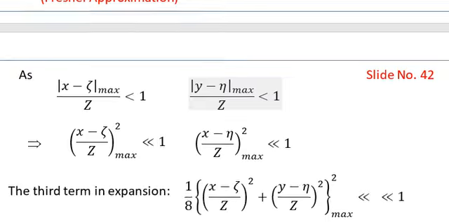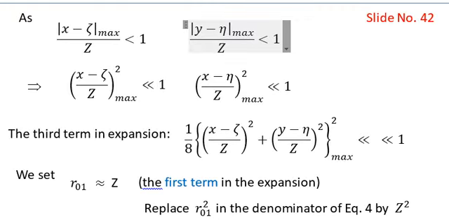So we are writing these two in the following form, that is the maximum value of the absolute value of x minus zeta divided by z is less than 1, and similarly for the y variables. And you know that if you take the square of this quantity on the left hand side and also on the right hand side, we then need to remove the modulus sign, because we are talking about the square of that quantity.